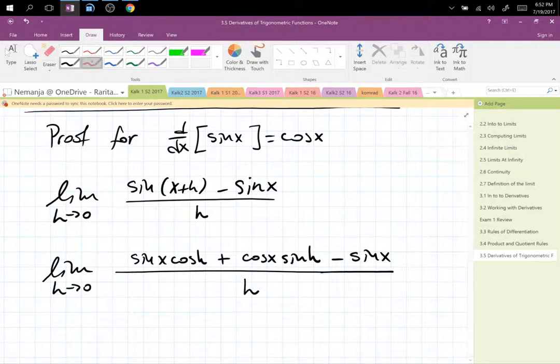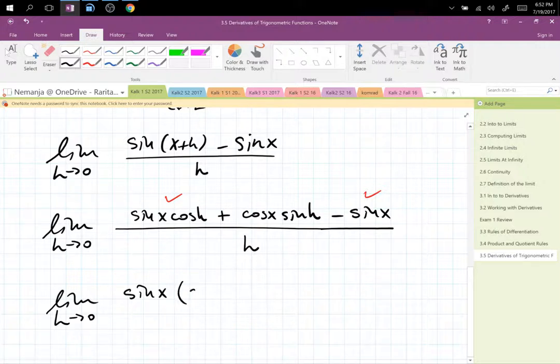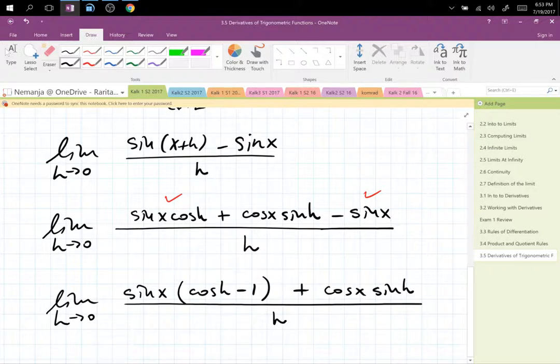I am going to group the first and the last term and factor out sine x. So I will have the limit as h goes to 0 of sine x times (cosine h minus 1), plus cosine x sine h, all of this divided by h.